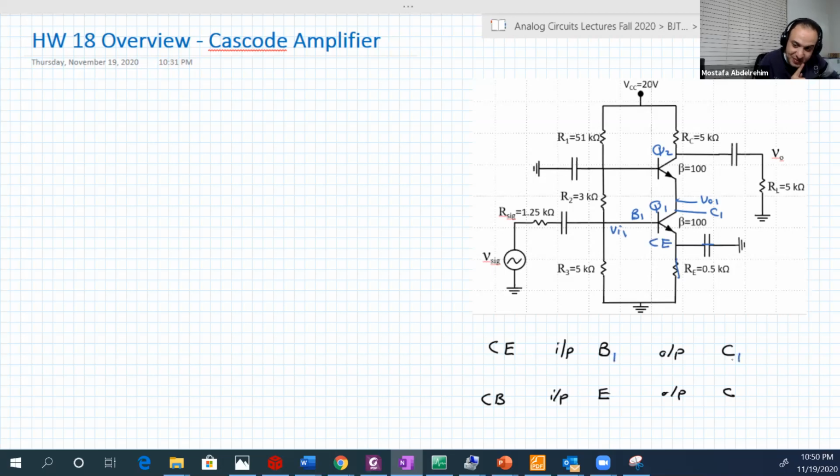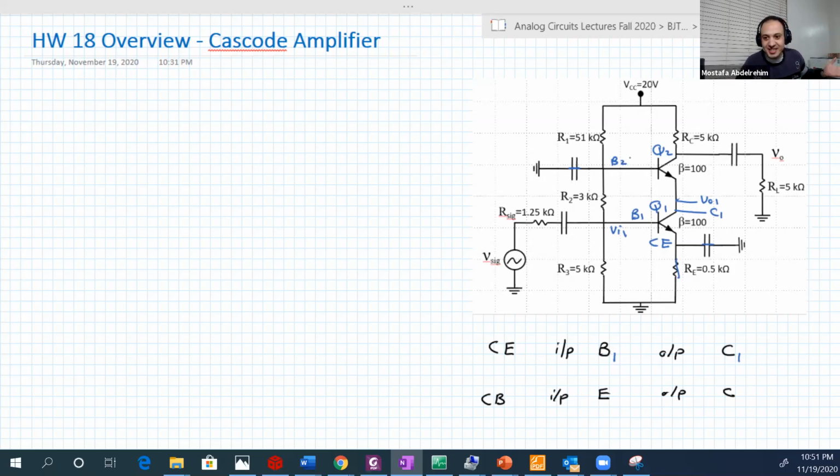Good. Of course, the second one should be common base, but I will prove that with you now. Again in AC, this capacitor will be a short, so the base of Q2 will be 0 all the time. So definitely there is neither input nor output at the base of Q2, base 2.